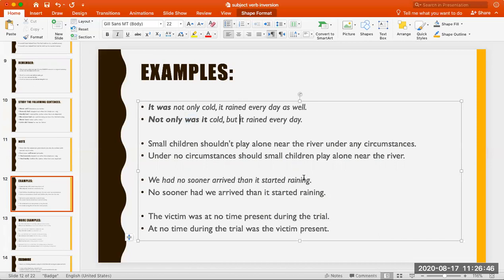Some children shouldn't play alone near the river under any circumstances. I love this: under any circumstances, or under no circumstances. So, under no circumstances should small children play alone near the river. Under no circumstances, negative. And there's emphasis here, there's warning: don't do this.